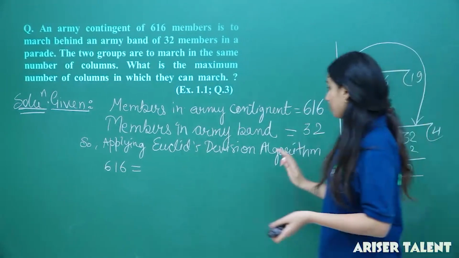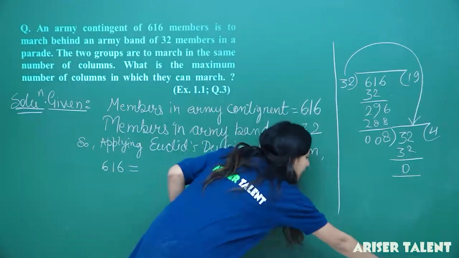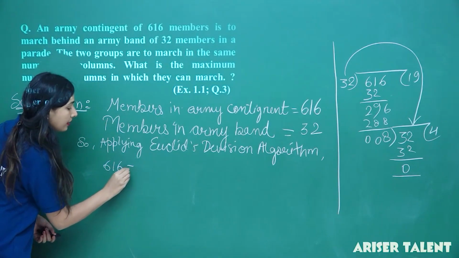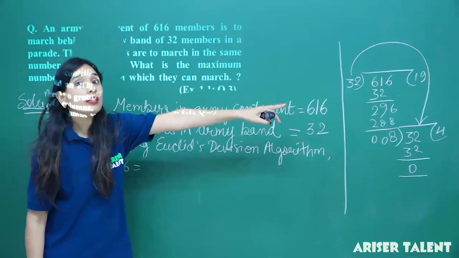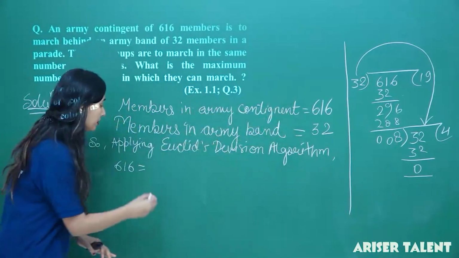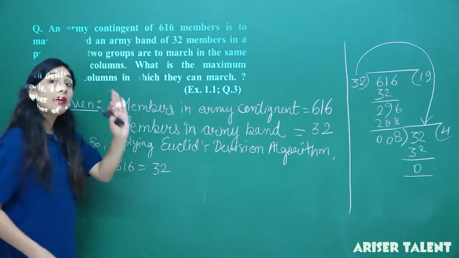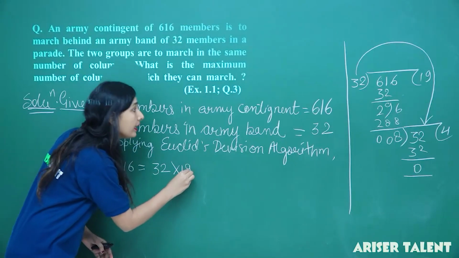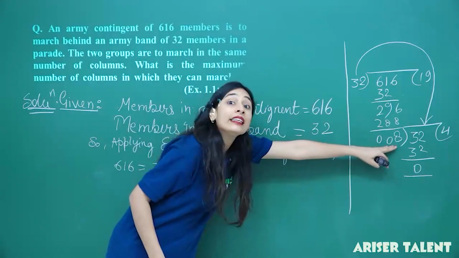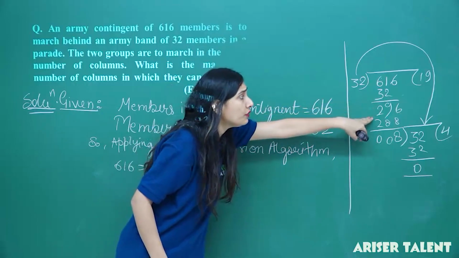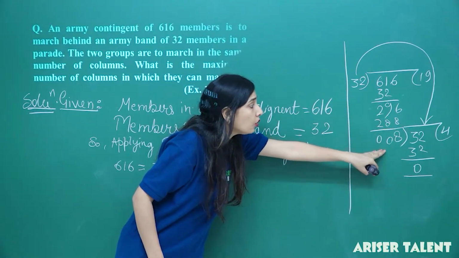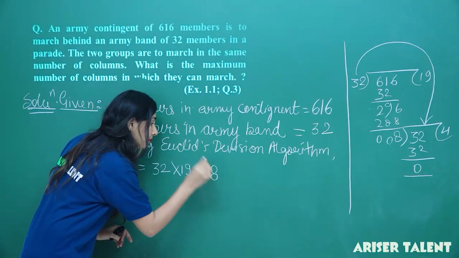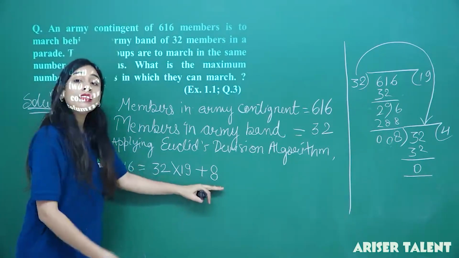Okay, so we'll put it in language. 616, this is our dividend and the divisor is 32, multiplied by what? 19. And the remainder here is 8. Don't confuse it with 296 or any other. The last remainder is 8. Plus R. Then the remainder is 0?